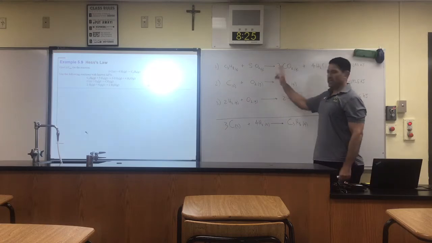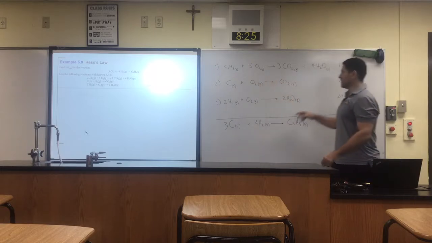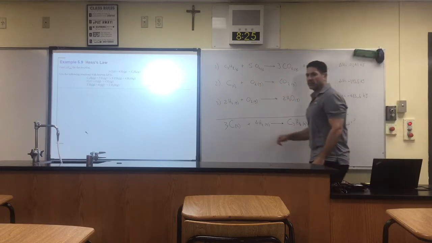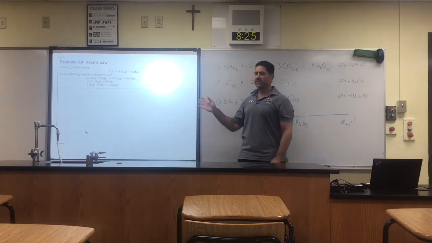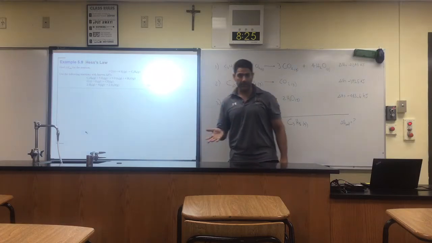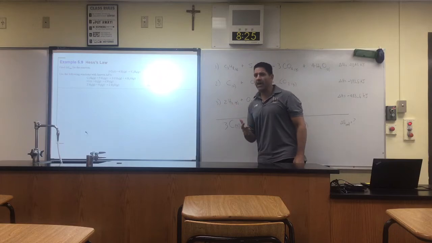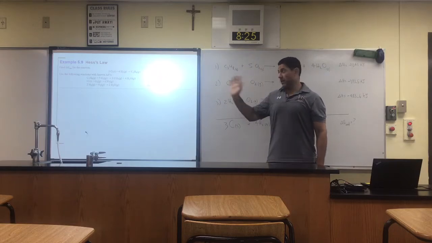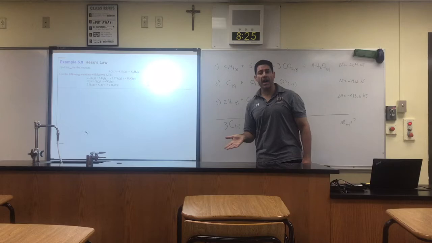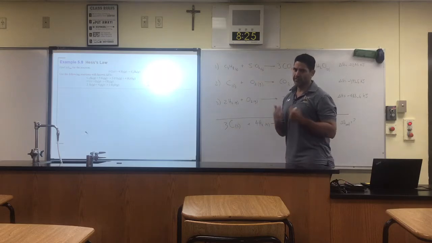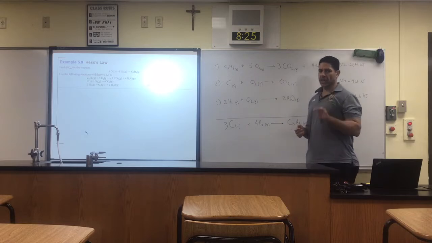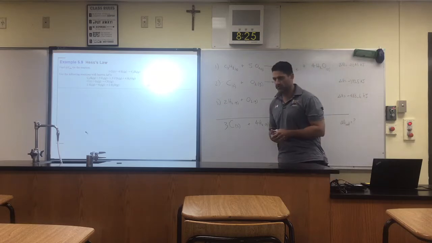If you flip the equation, you also have to flip the value of delta H. These three that you see on the board are all negative, which means they're all exothermic. So if I flip an equation, in this case it would go from negative to positive, or vice versa. That's the first rule: if you flip an equation, you must change the sign of the delta H.